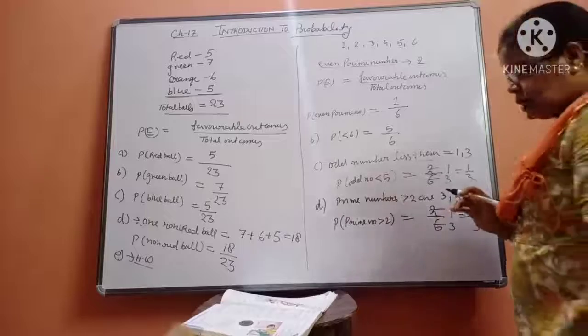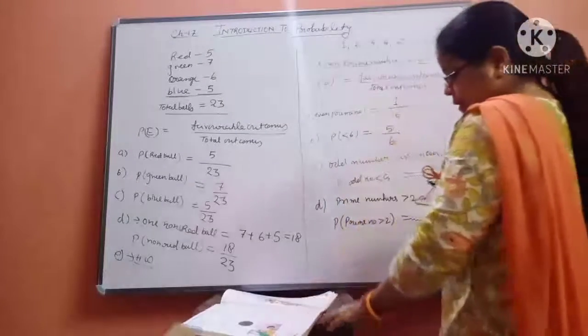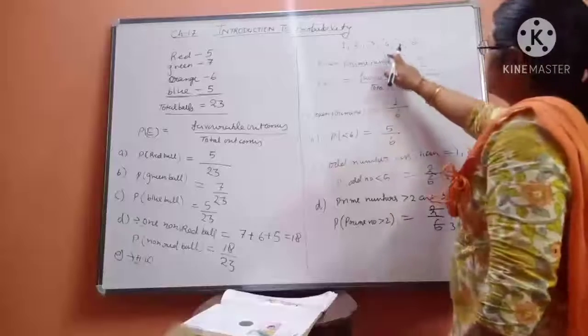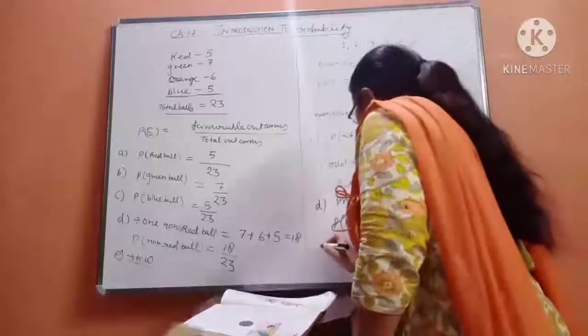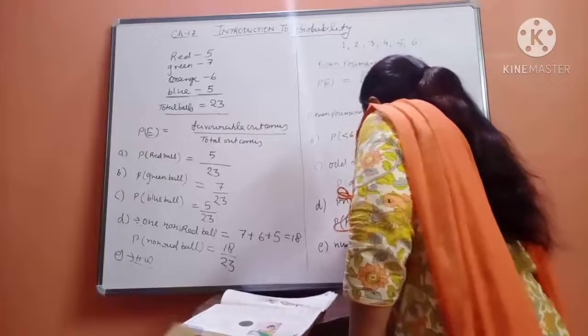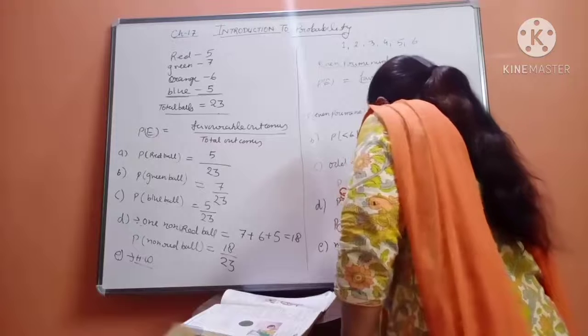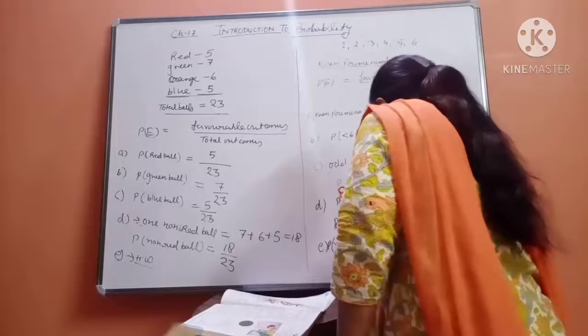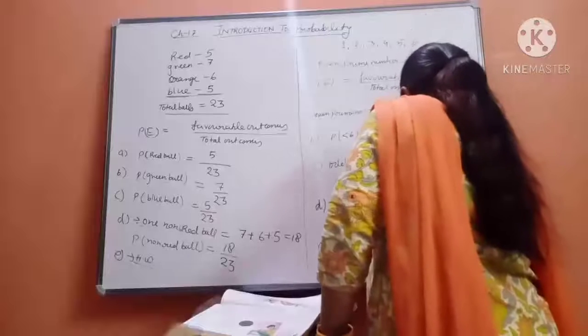Now next part of the question, beta, number greater than 3. How many numbers are greater than 3? 3 numbers are there. In E part, the probability of numbers greater than 3 are how many? 4, 5 and 6.